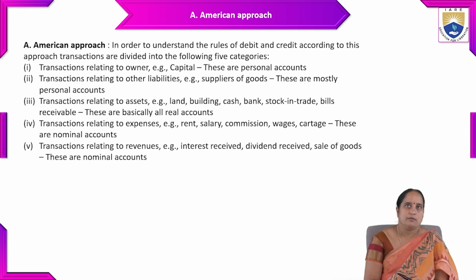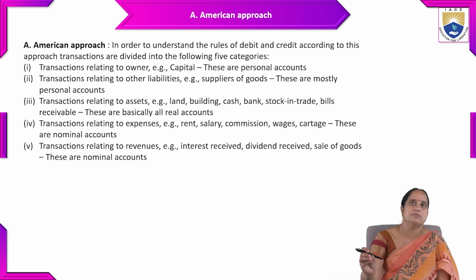Coming to the first one, the American approach. In order to understand the rules of debit and credit according to this approach, transactions are divided into the following five categories. The first one is transactions relating to the owner, for example, capital. The capital account is a personal account because we are specifying the transactions related to a person.